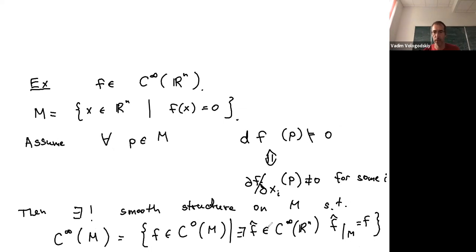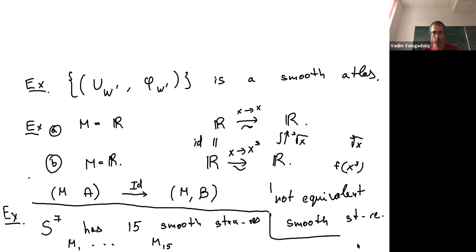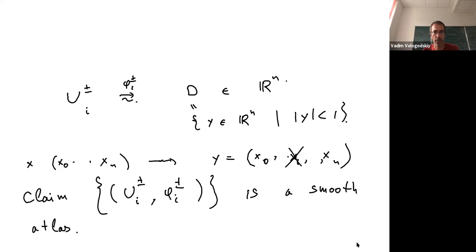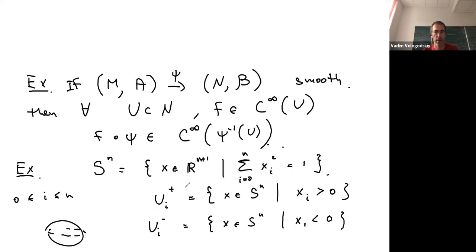So, for example, you can use it to give another description of the smooth structure of the sphere. Sn is given just by one equation, and it has the property that the differential of this function, sum of squares minus 1, does not vanish at any point on the sphere.